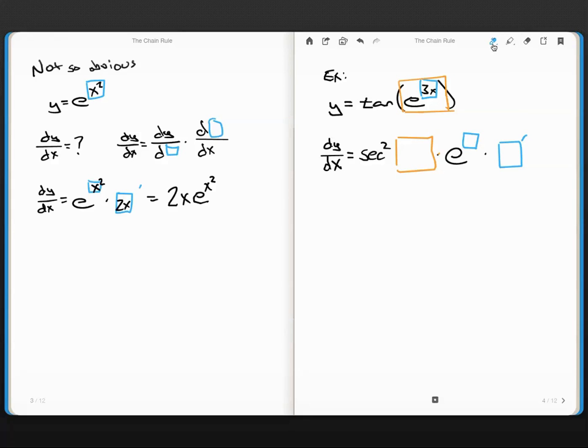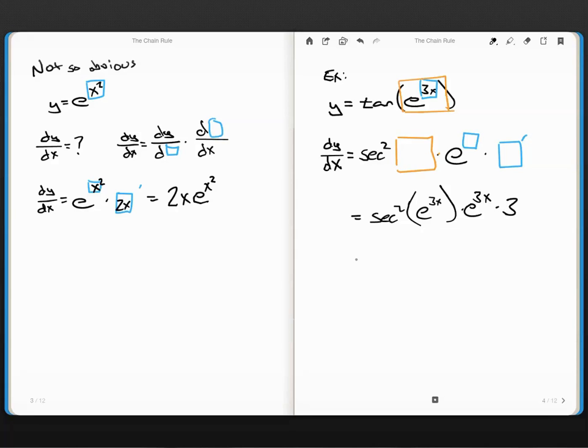Okay, so how does that thing finally look? That's going to equal secant squared of whatever was in here, e to the 3x, times the derivative of what was in here. Well, that's e to the 3x, because that doesn't change, times the blue box prime, which is, the blue box is 3x, so that's just times 3.